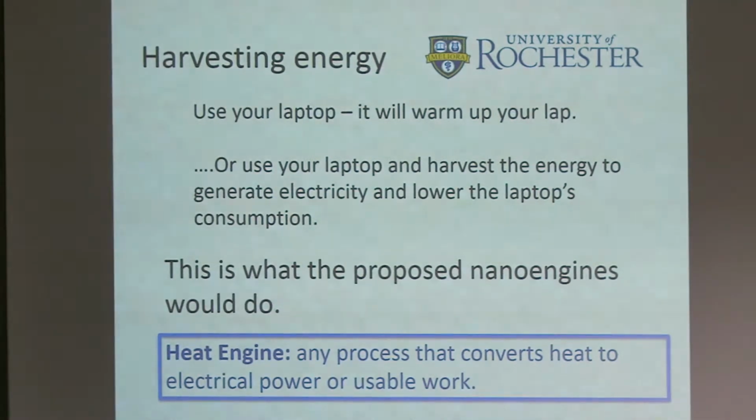It will warm up our lap, or we could harvest a portion of this energy to generate some useful work or electricity. We could then lower the laptop's energy consumption, or use this energy to run a sensor, or any kind of thing like that. So that's really one of the motivations for this research: to develop energy harvesting nano engines to convert heat to electrical power or some usable work.